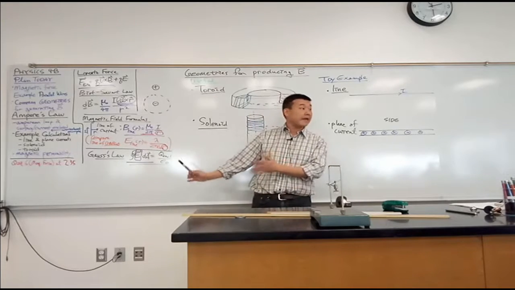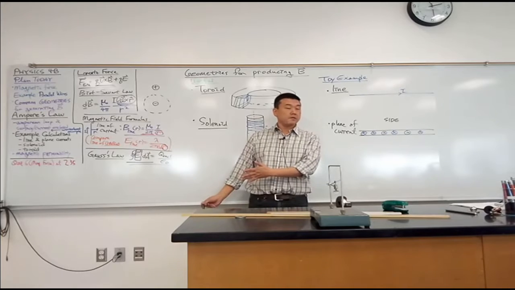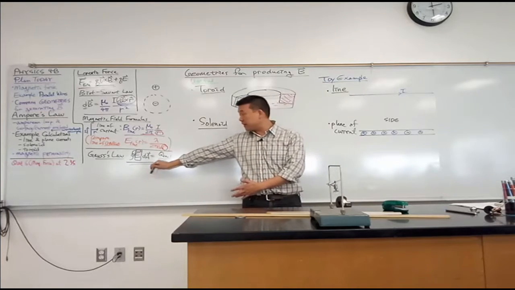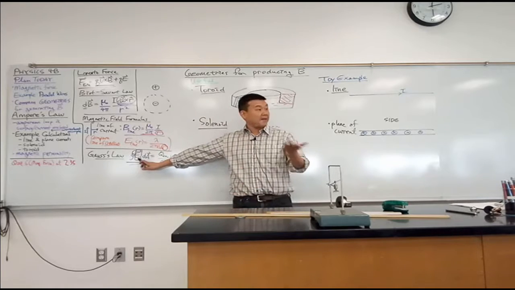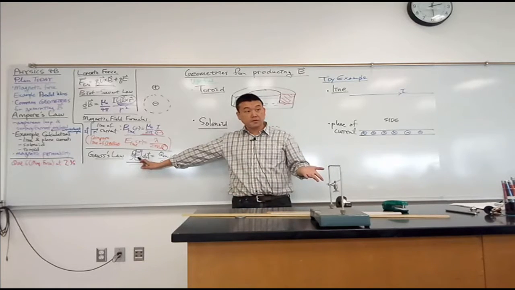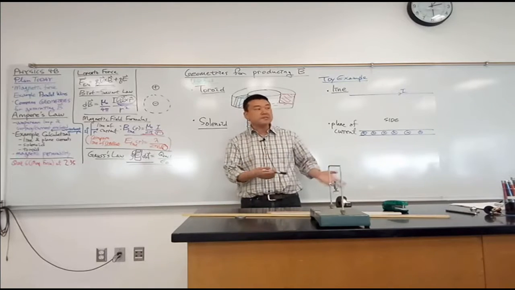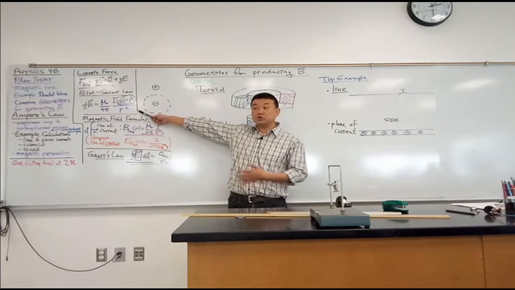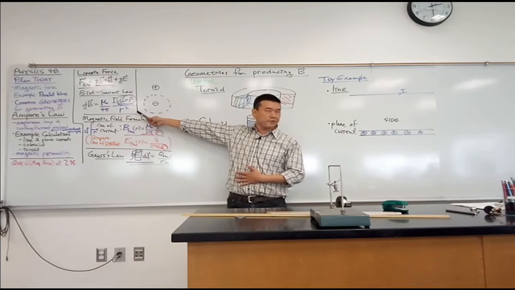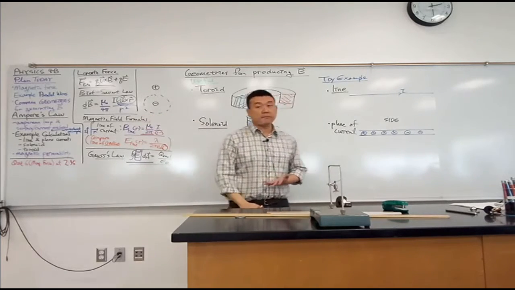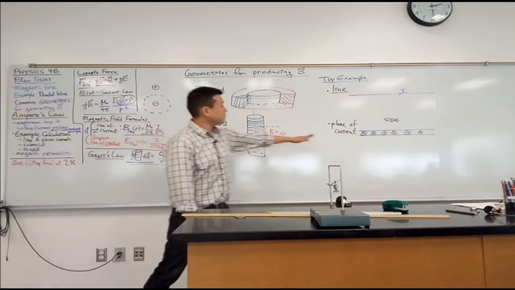They both express the same thing. But Gauss's law was easier for calculating electric field when you have a highly symmetric charge distribution. It's going to be the same thing for Ampere's law. It expresses the exact same thing as Biot-Savart's law. It's equivalent to Biot-Savart's law, even though we are not going to prove that. But it will make it easier to calculate the magnetic field for these situations.